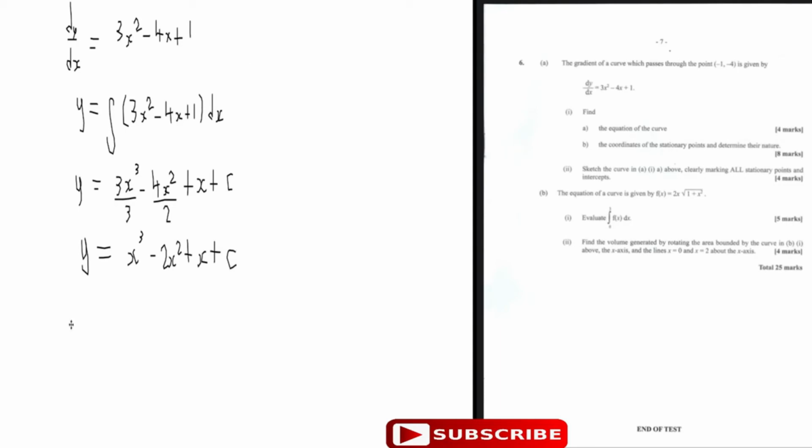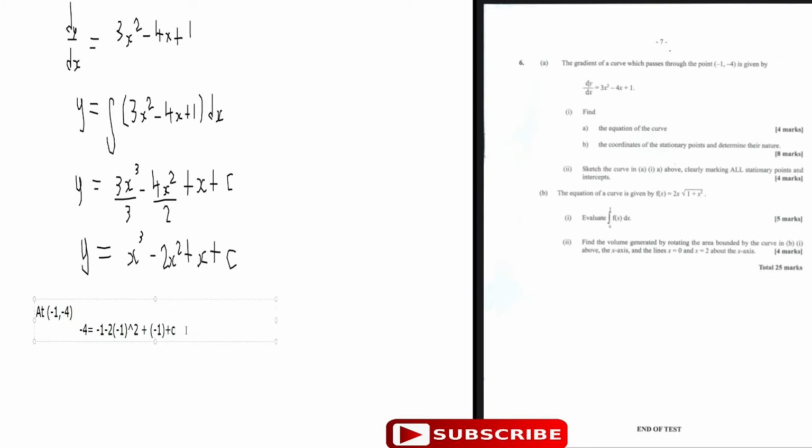So at -1, -4, y is -4. So it's going to be -4 is equal to -1 cubed, which is -1, minus 2 times -1 squared plus -1 plus c. That will allow us to find the constant c.